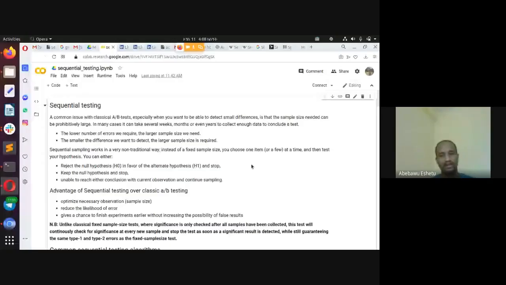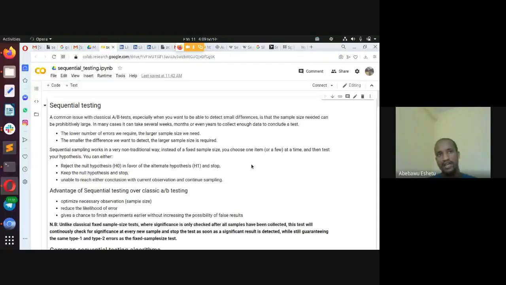So as the name indicates, sequential testing allows us to test for significance on each of the observations that we are collecting from our data source, rather than waiting for a fixed sample size that the classical A/B testing approach requires.